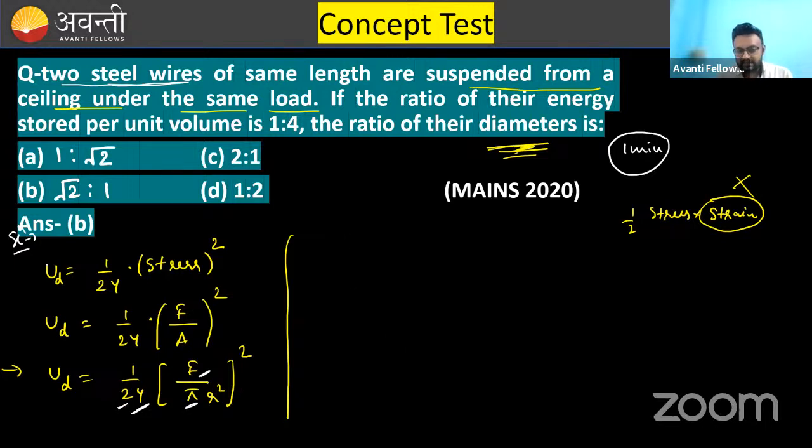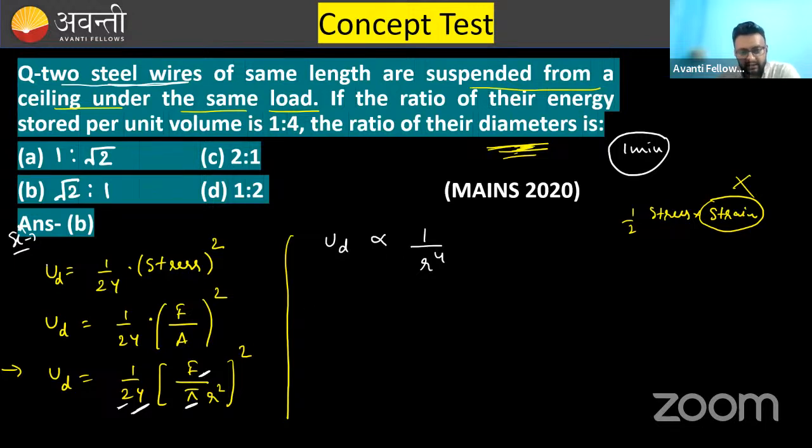So you can see that energy density, if I remove the constants, is inversely proportional to r square whole squared, that means r raised to the power 4. I think it is clear. Everything else is constant, so we can use a proportionality sign.